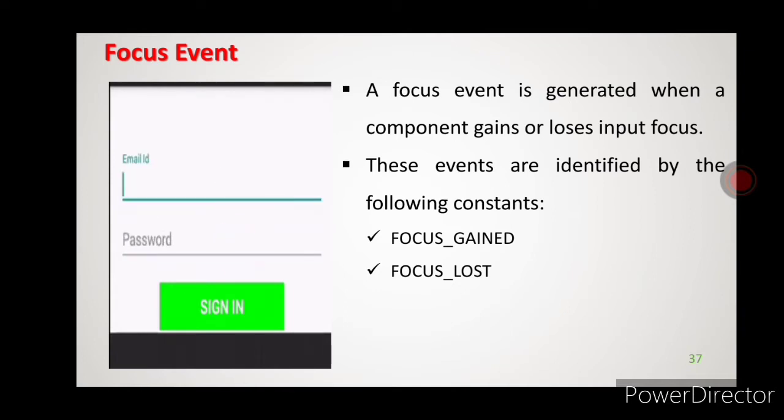Have you seen that image? When the pink dot comes to the email ID text box, it gains the focus. When it comes to the password text box, the email ID text box loses the focus and the password text box gains the focus.